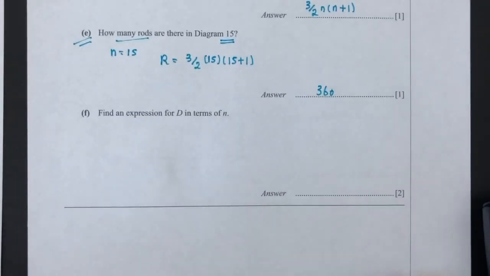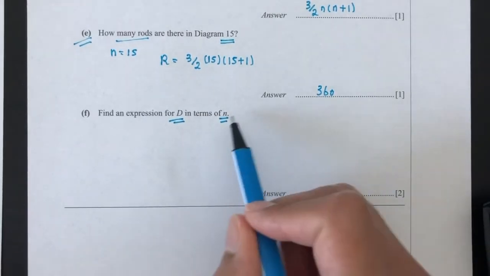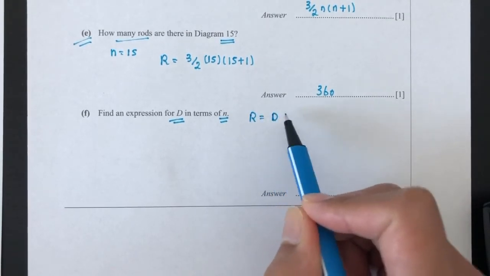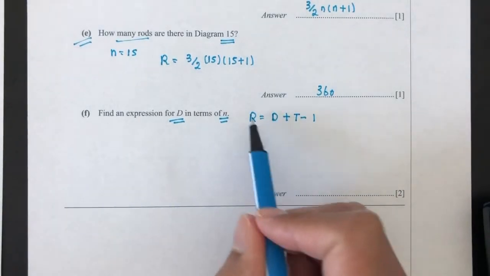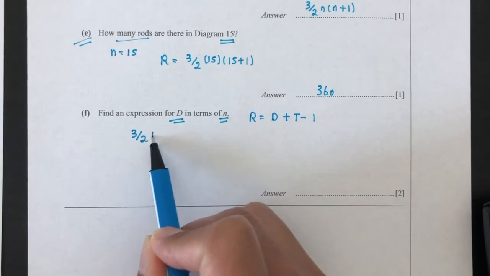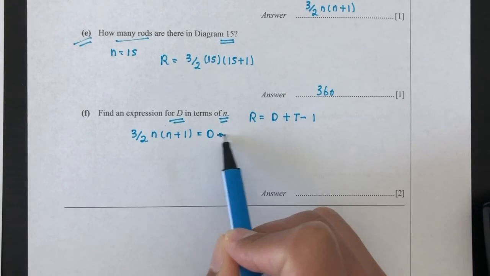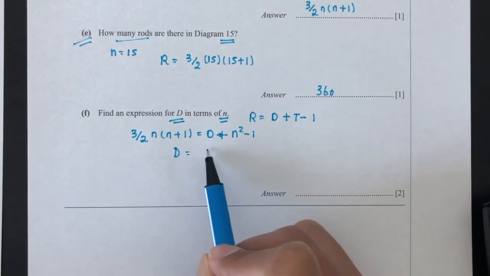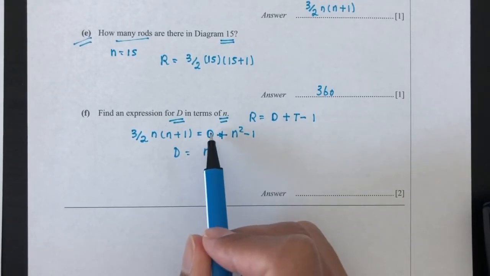Now part F, find an expression for D in terms of n. We have the formula given to us in part C, that R is equal to D plus T minus 1. So we have R already. R is given by this, which is 3 over 2 n times n plus 1. D will be plus n squared minus 1. Sorry, we have to send this one over here.